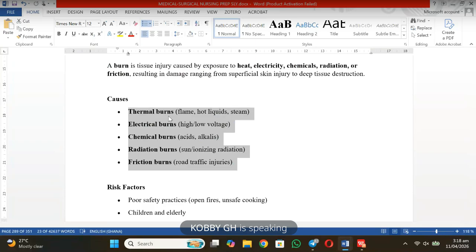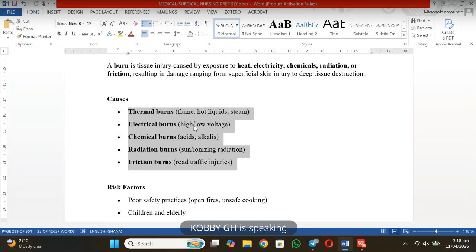If someone experiences a burn from high voltage or low voltage electrical exposure, then we say there is an electrical burn. If someone experiences a burn by coming into contact with acids, alkalines, corrosive agents, or chemicals, we call that a chemical burn.